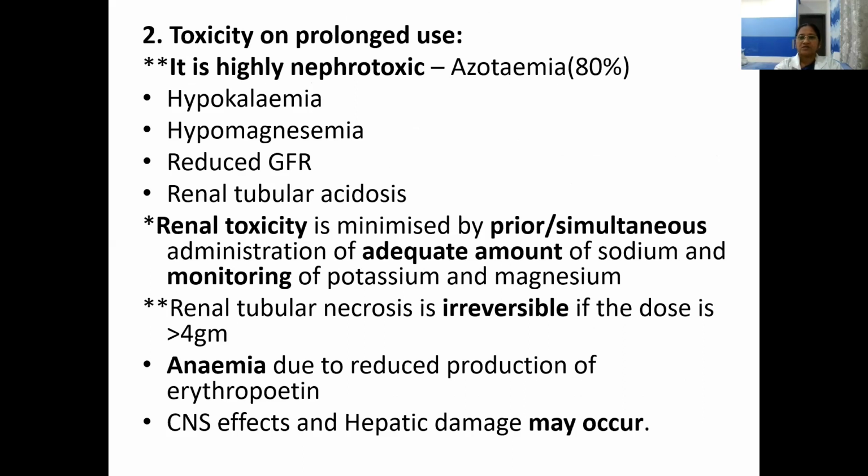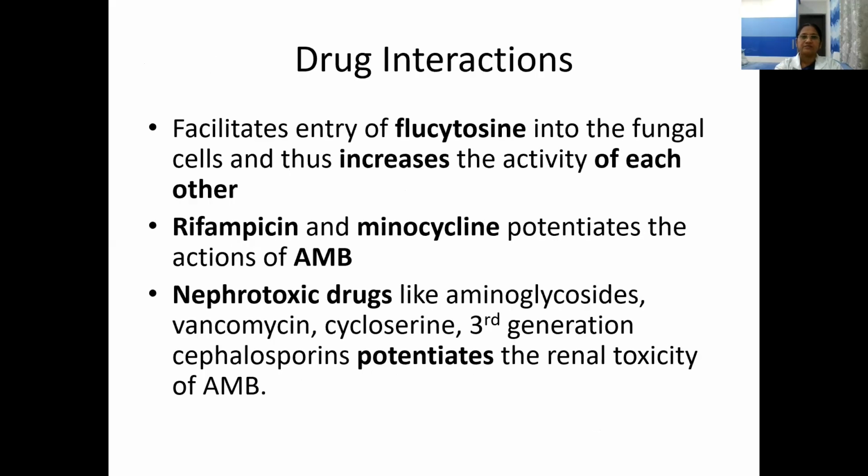Renal tubular necrosis is irreversible if the dose is more than 4 grams, so the dose should not exceed 4 grams. And anemia. This anemia is due to reduced production of erythropoietin by the kidney. Because of the nephrotoxicity, production of erythropoietin is less, so it will lead to anemia. CNS effects and hepatic damage may occur, but rare.